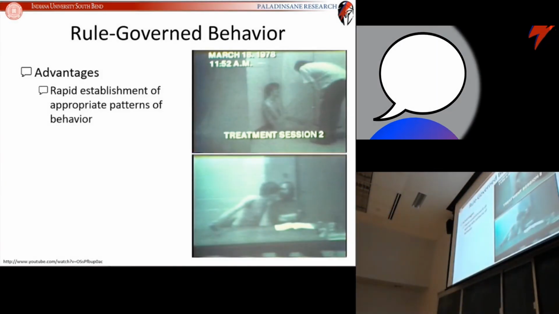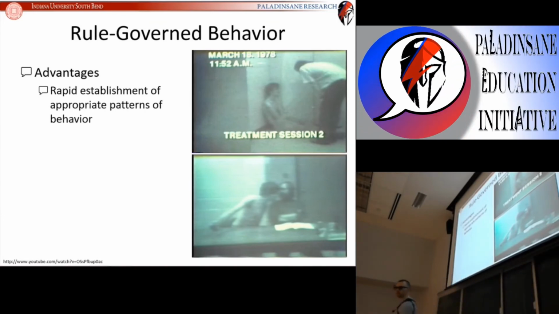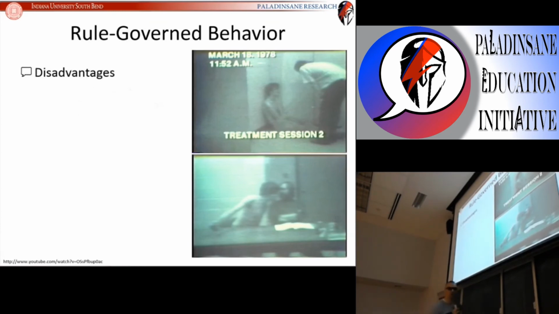All right, so we just went through the big advantage of rule-governed behavior. Let's at least introduce some of the disadvantages of rule-governed behavior. And these are the ones that we have to be aware of, because rule-governed behavior is very effective, but it's not always the optimum way of changing behavior. So let's take a look at a few of these examples.